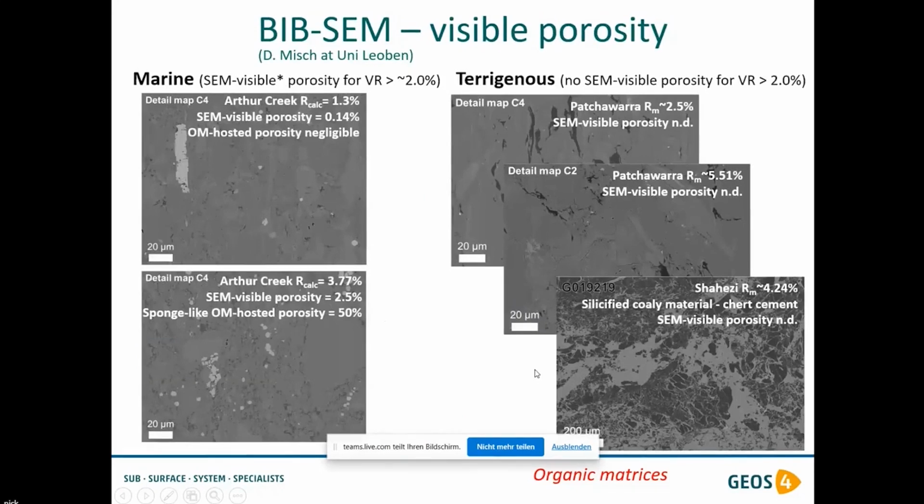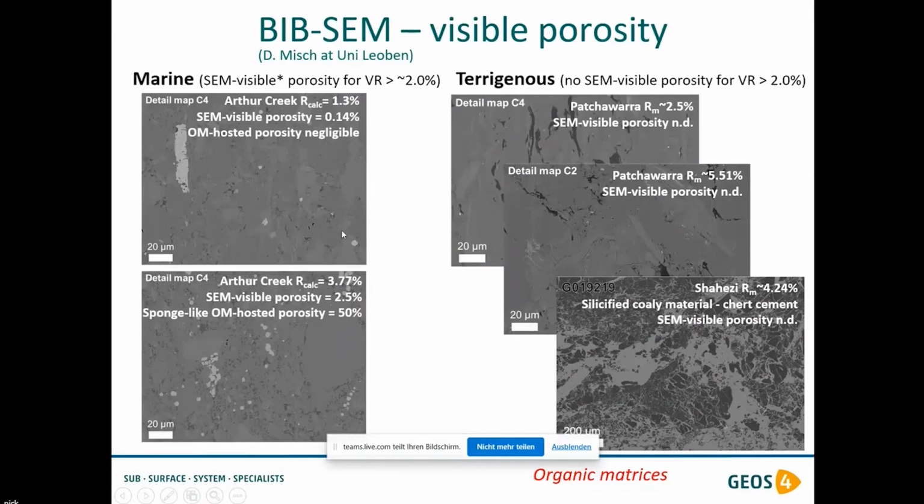So our BIB-SEM results from our papers really confirm those literature observations, in that the high mature terrigenous organic matter samples from the Pechavara Formation and the coaly shales from the Shahezi Formation really did not show any SEM visible porosity.